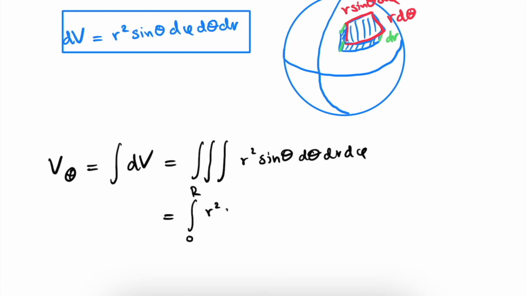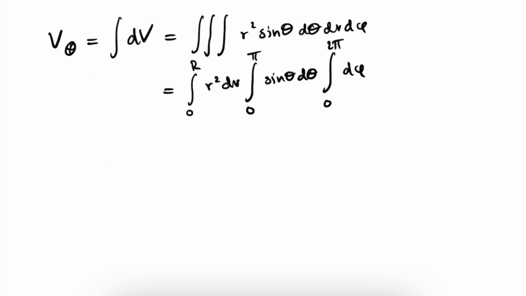And we have r squared dr. For the angle with the z-axis, we integrate from 0 to pi. And we have sine of theta d theta. And then for the angle with the x-axis, we integrate all the way around from 0 to 2 pi d phi. And these integrals we can now very easily calculate.